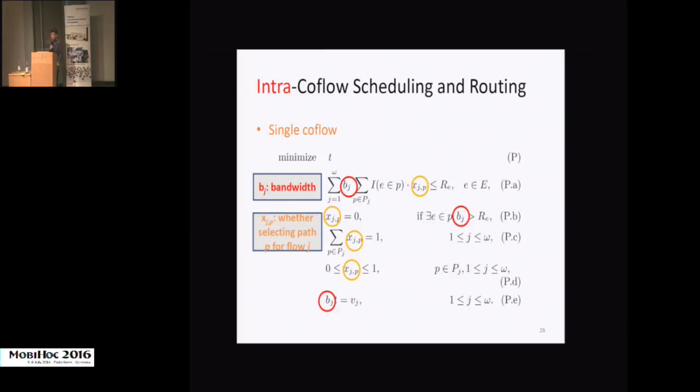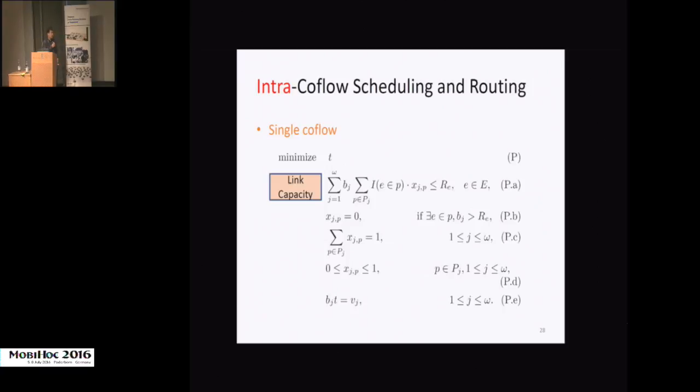And xjp is also our variable, which denotes whether we select the path p for flow j. And finally, our variables include the flow completion time, which is also our objective, which means that the flow completion time is also the Coflow completion time, and I will explain it more later.